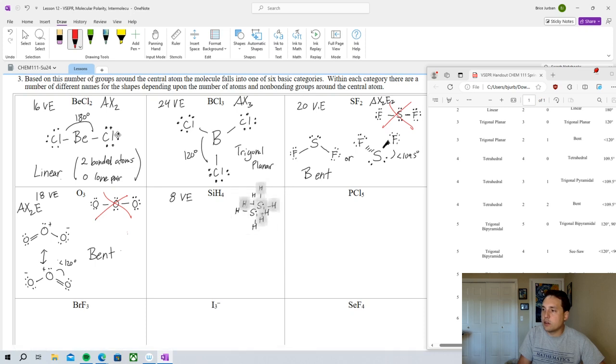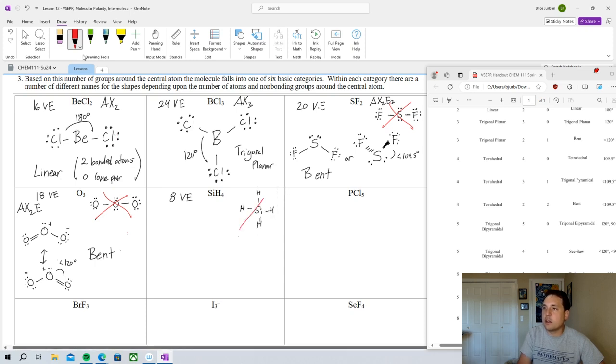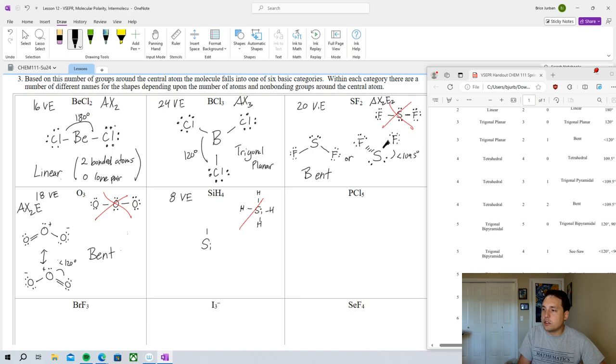So we're not going to draw it this way because that falsely represents the hydrogens as being 90 degrees away from each other when they're in fact 109.5 degrees. So what we'll do instead is we'll put 1 hydrogen up. We'll put 1 hydrogen slightly to the side like this, kind of like a bent geometry. And then another one of those hydrogens will be on a wedge, and the other hydrogen will be drawn here as a dash down.